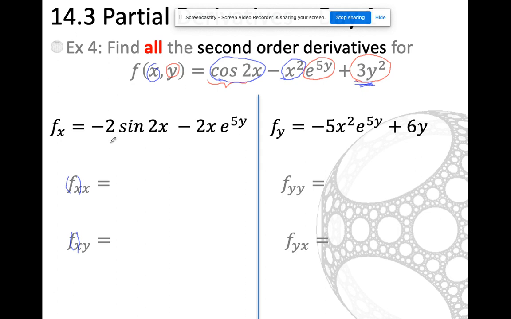So I am holding y constant again, so the only y value is over here. And what happens here is just going to be the derivative of negative 2x times a constant, which is just negative 2 times that constant.